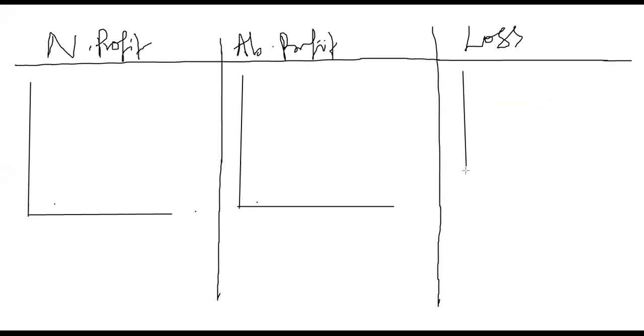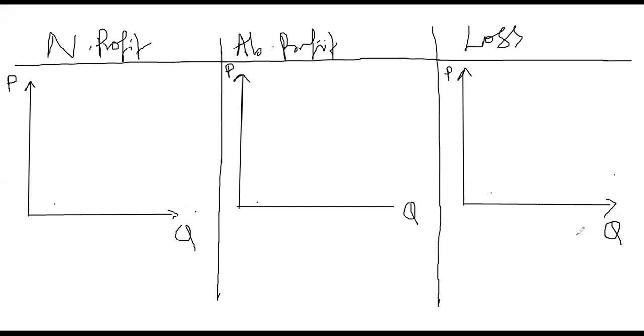Then for loss also draw like this first. We can broadly say price and quantity, but revenue and cost can also be mentioned there. You can say just price and quantity. Now all of you start this and finish quickly.